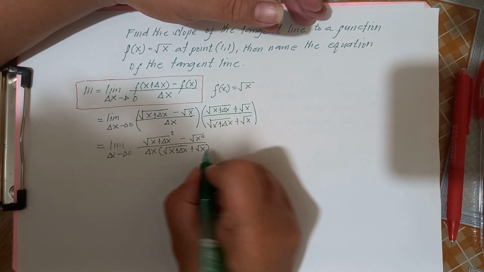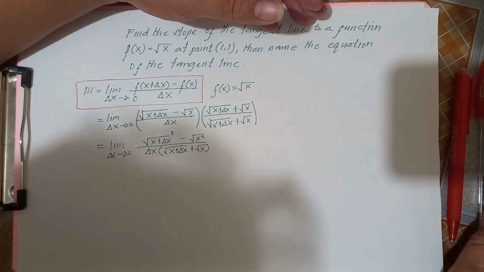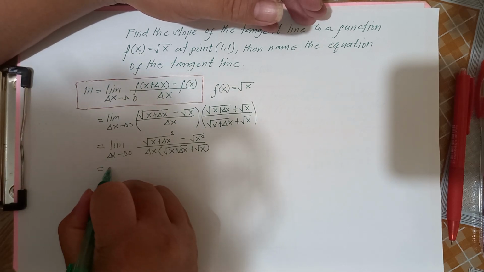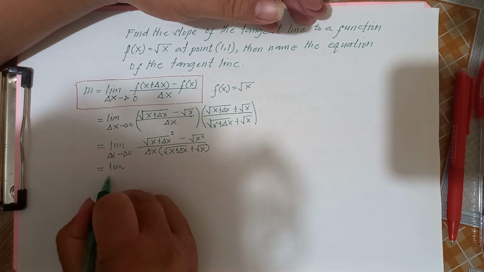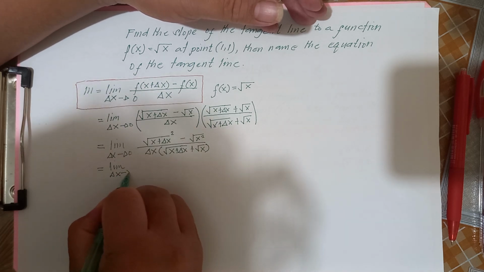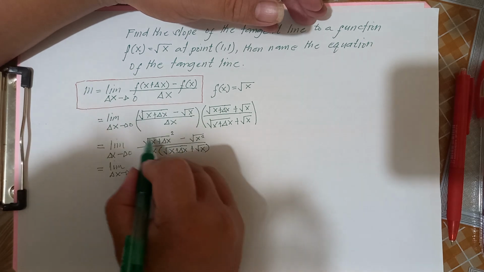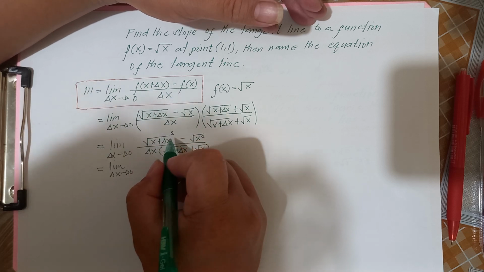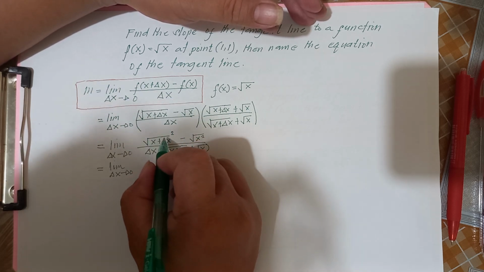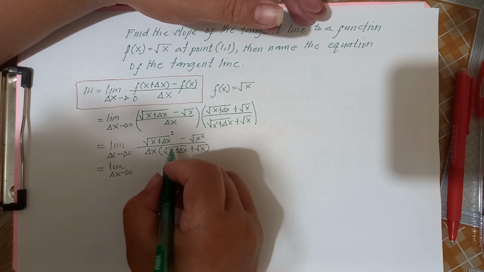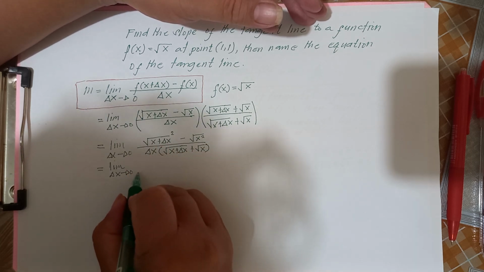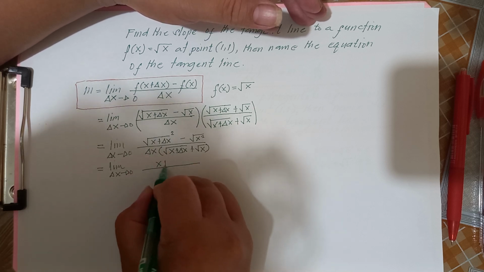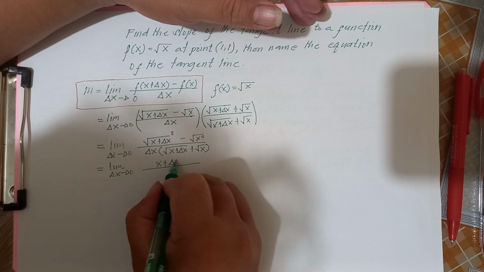Now when we continue that one, we have now this statement, the limit as change of x is approaching 0. Now what is the square root of this one? Notice that I put it up above the bar so that I will not use the parentheses. So the square root is x plus change of x.